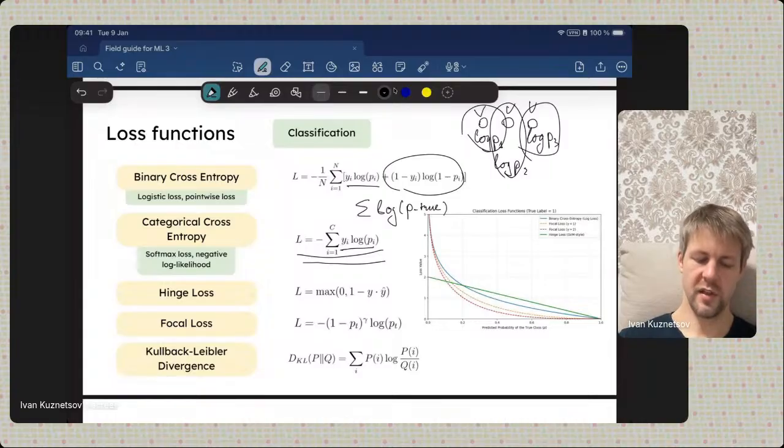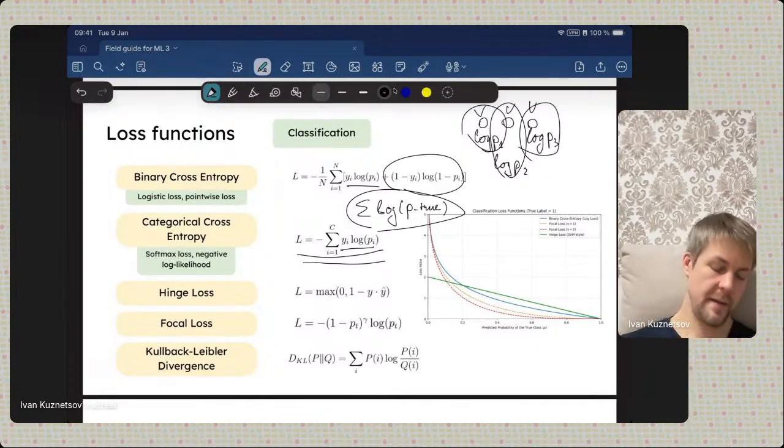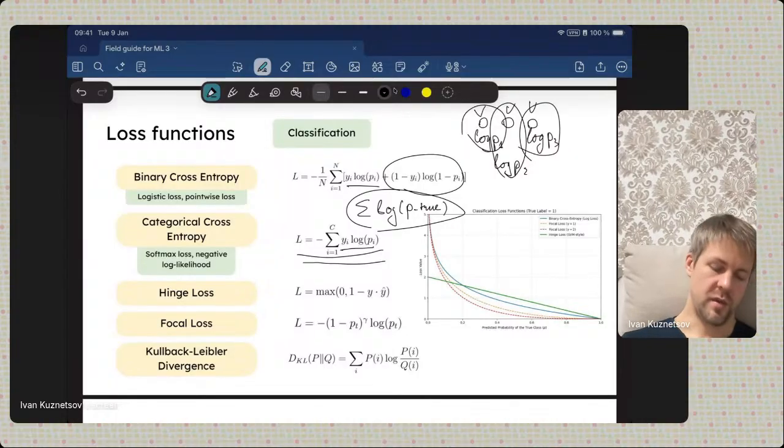So whatever is the true class, you take its probability, then you take a logarithm, and then you sum over all the possible values. So that's a nicer way to write this function, and it extrapolates to all the other things like binary cross entropy, categorical cross entropy. So that's how I like to remember it.